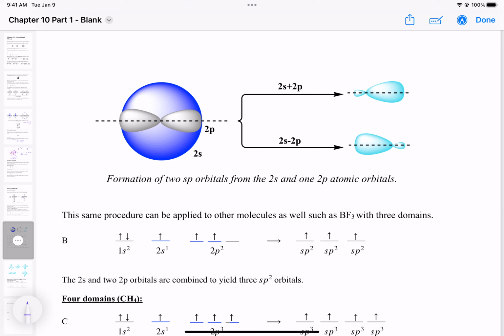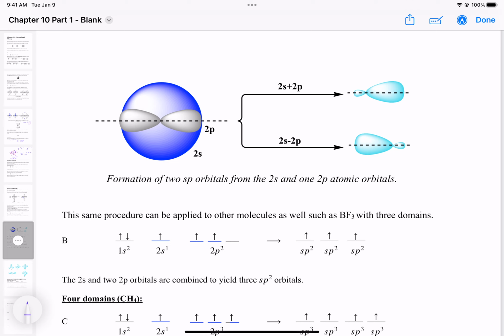We split the molecule in half, and we form a hybrid of 2s plus 2p. The combination depends on the orientation of the p orbital. When it's positive, it's facing to the right, and when it's negative, it's facing to the left. So we get the formation of these orbitals using this mathematical construct.